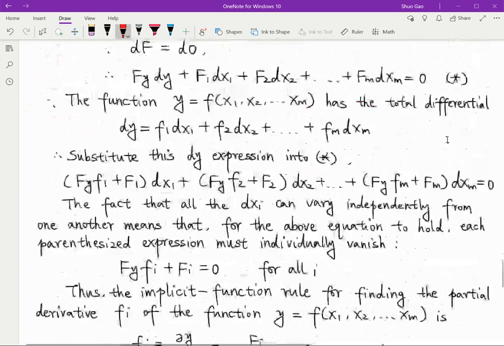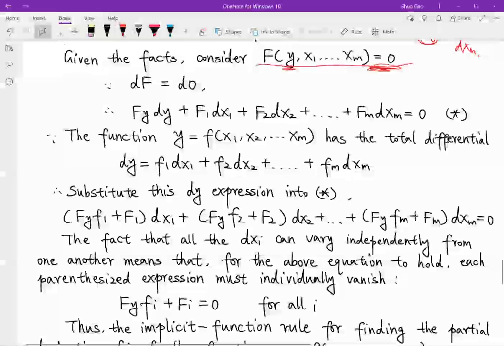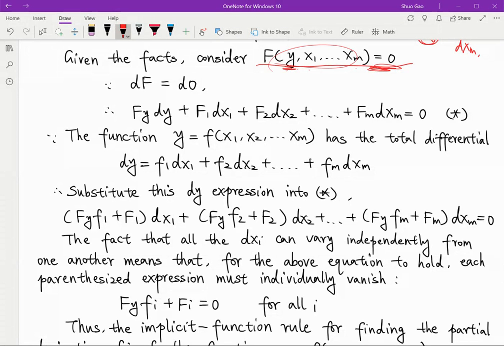So suppose we have a function, an expression, big F, which contains all these variables, equals 0. And because this thing equals 0, which is a constant, it means that when we take the differentials, it should also equal 0. Right?